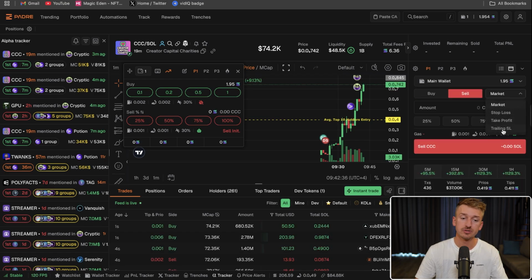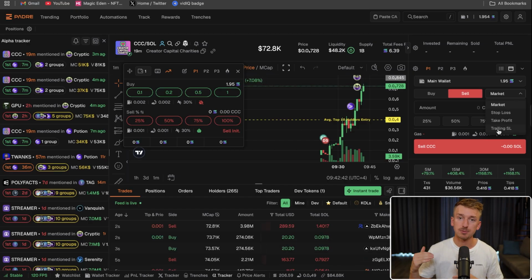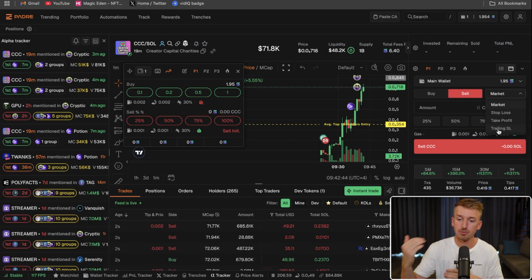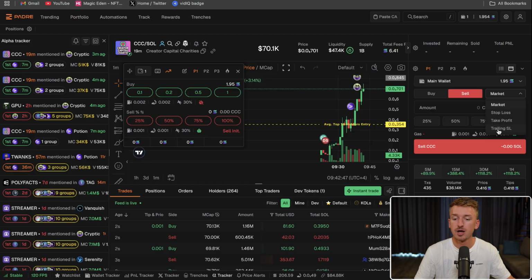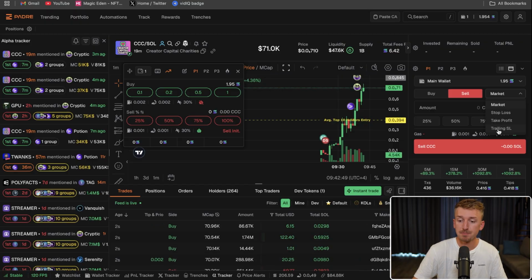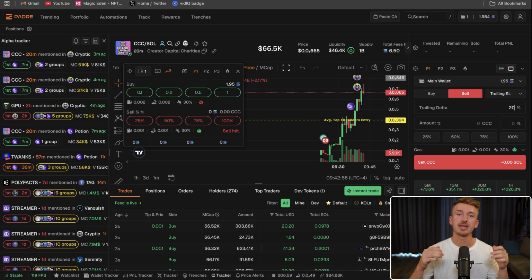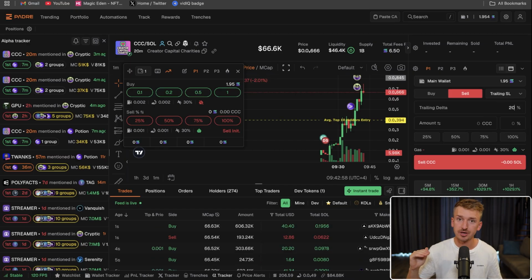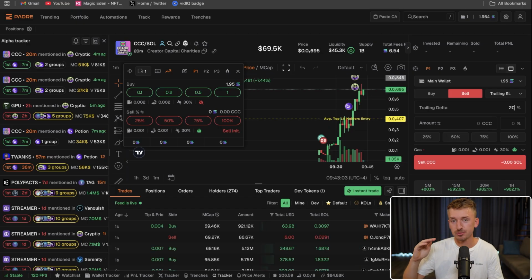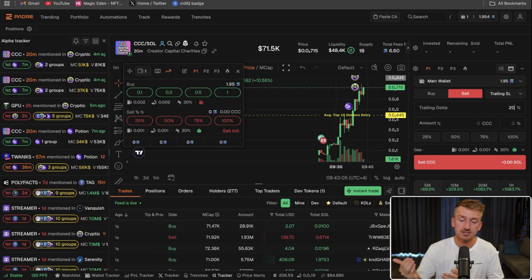So that is another pretty good feature, as well as their trailing stop loss. This is another feature that many other platforms do not have. What a trailing stop loss is, if you don't know, it's basically a stop loss that kind of follows the price. So it adjusts to the price if it keeps pumping. So let's say I use a trailing stop loss at 20% and I enter a token at 100K market cap. The stop loss is obviously at 80K, but it stays 20% below the highest price after your entry.